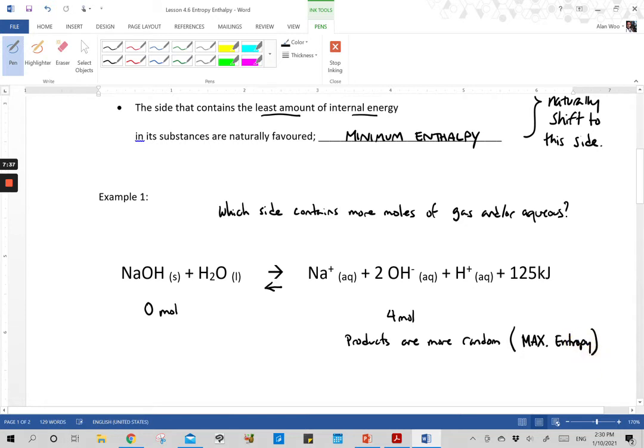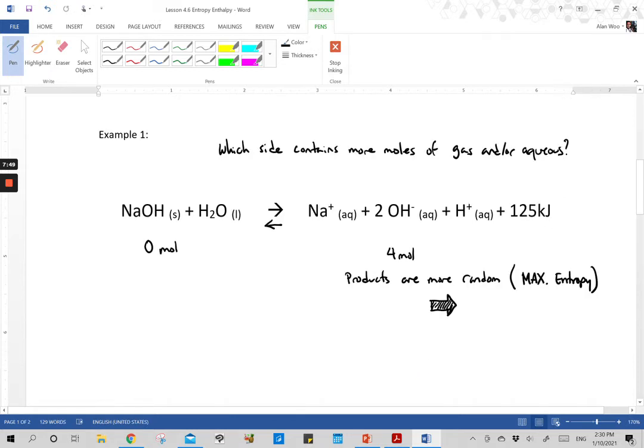So if you're only basing it on entropy, the reaction will be shifting towards the product side naturally. There's a greater likelihood of forming products than reactants based just on entropy.